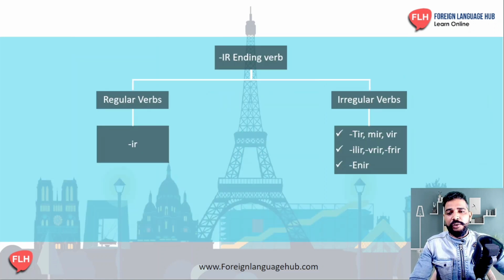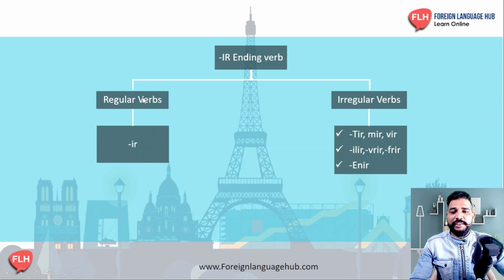Now let's move ahead with the next slide. There is a chart, and we're going to see two kinds of verbs: regular ones and irregular ones. Regular verbs follow a pattern, and the stem is the part left after dropping IR.